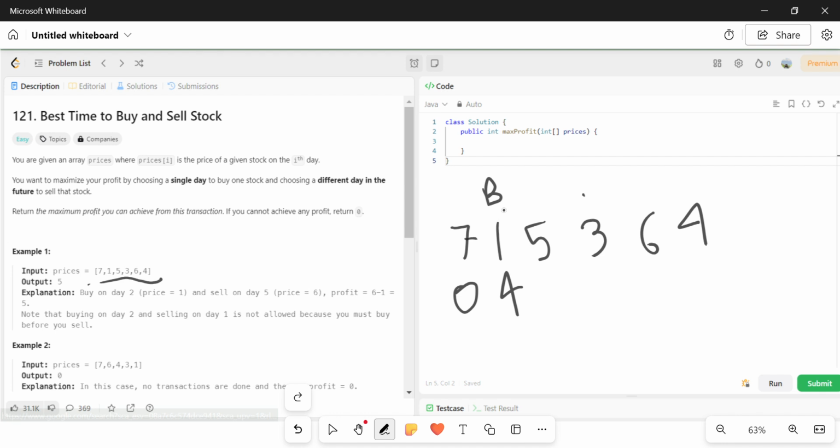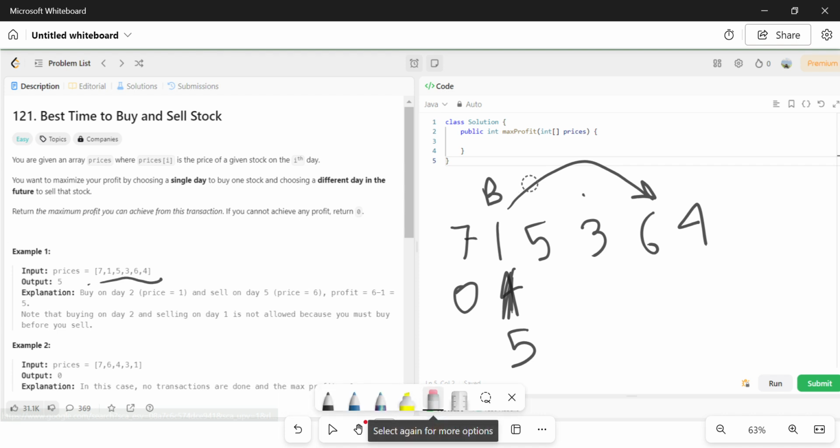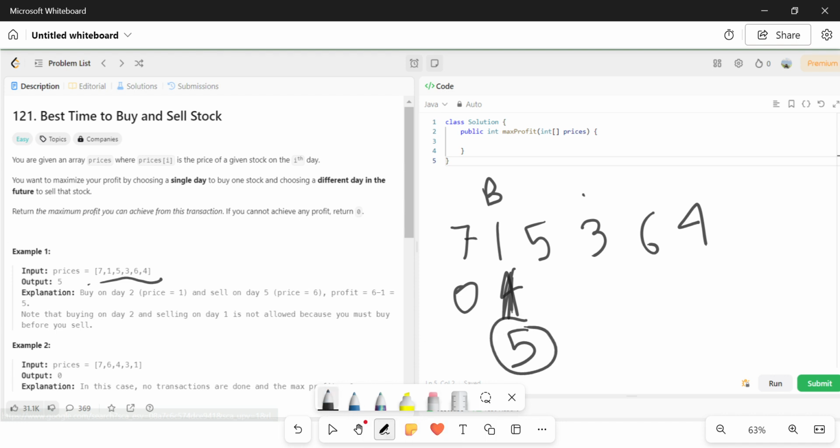Then again on the next day we see the price has jumped to 6, so 6 minus 1 is 5, so we will update this 4 to 5, and that is the maximum profit that we will be bagging for this. And again with 1 and 4, you see the difference is 3, which is still less than the maximum profit that we've gotten, so we'll leave it at 5.